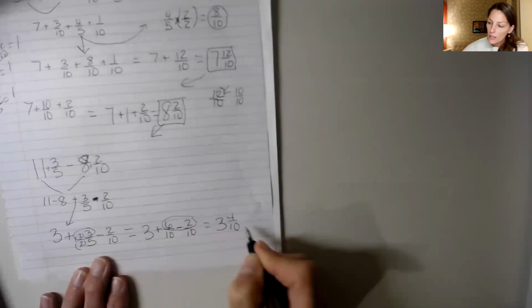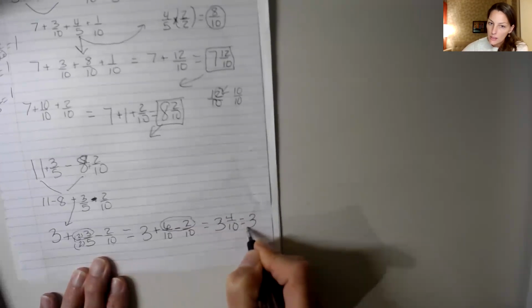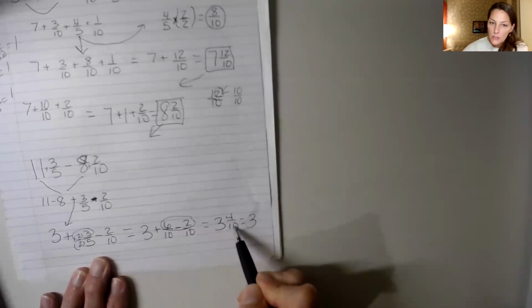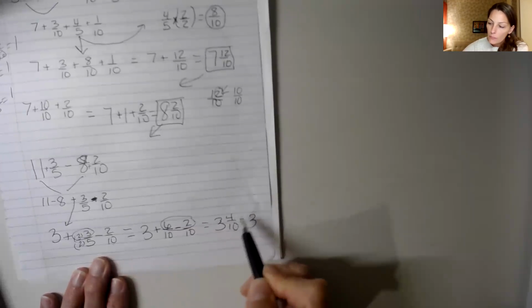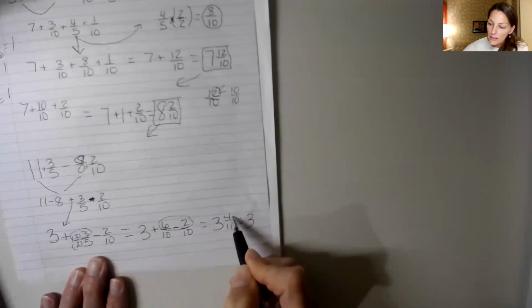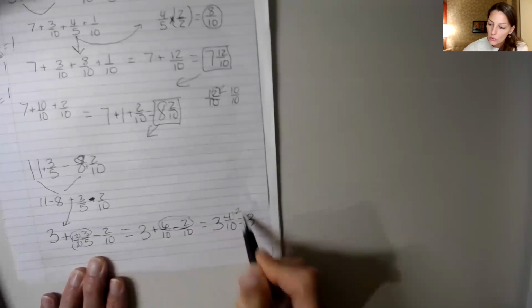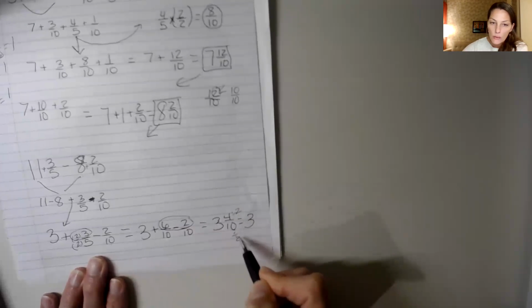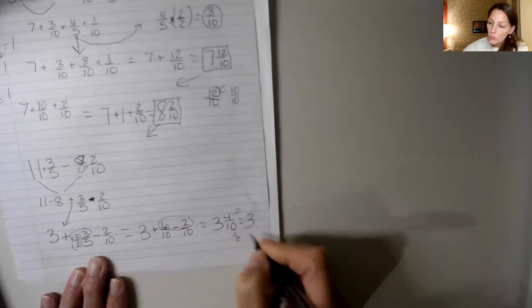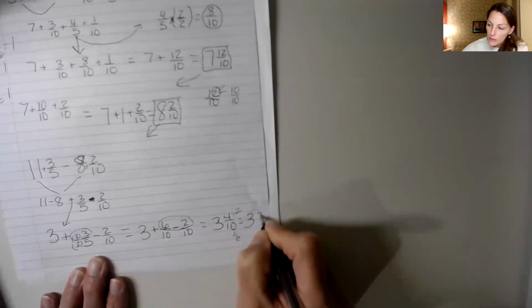All right, but I'm going to go a step further just so it's easy down the road, and simplify or reduce this fraction to an equivalent fraction. If I divide each of these by 2, because I know they have 2 in common, I could pull more out of there, and then this would be 2/5, right?